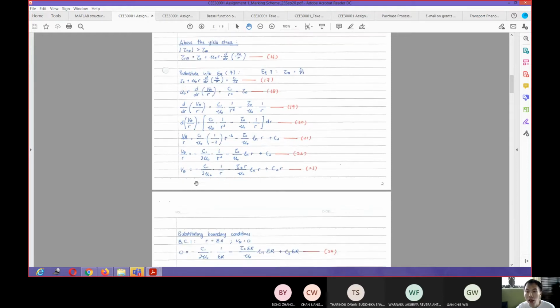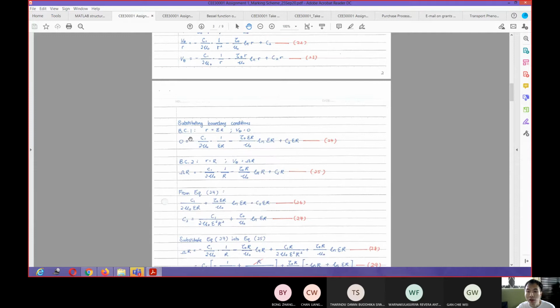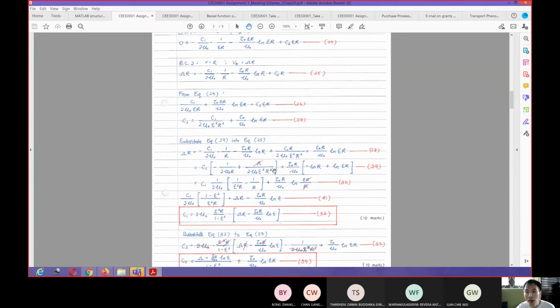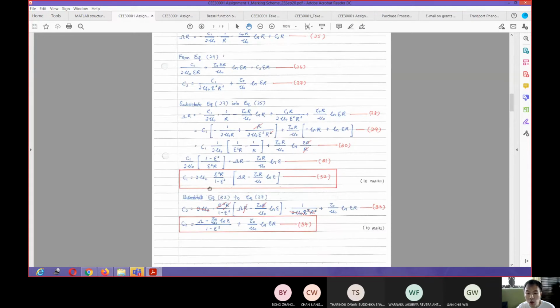Then you will get the expressions of the velocity in terms of C1 and C2. Then you will be able to get your C1 and C2 from the two boundary conditions, the first and the second boundary conditions. Then after you do everything carefully, you will get C1 and C2.